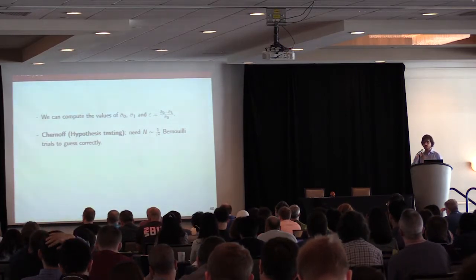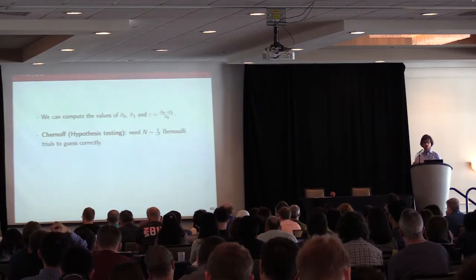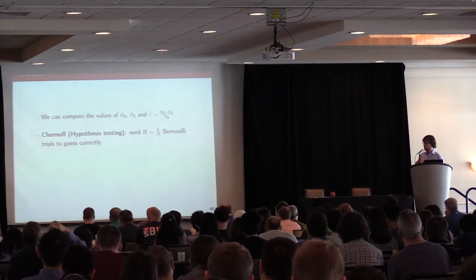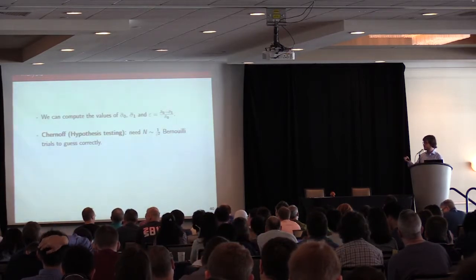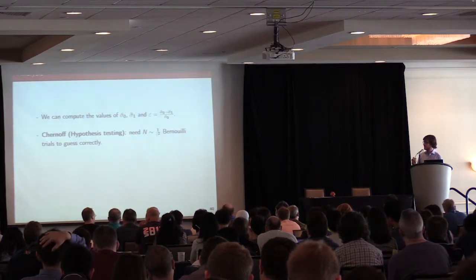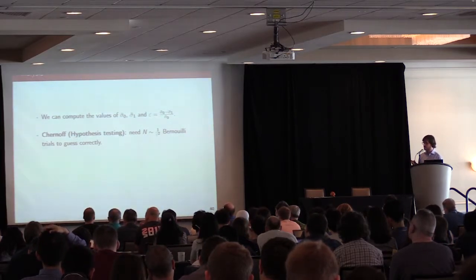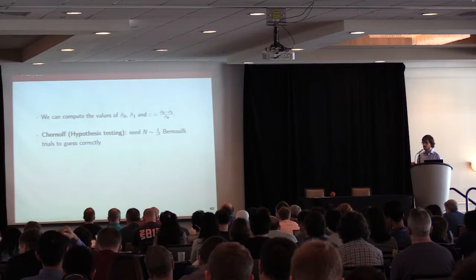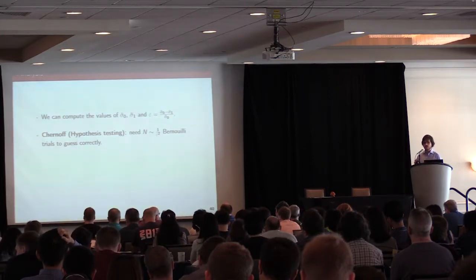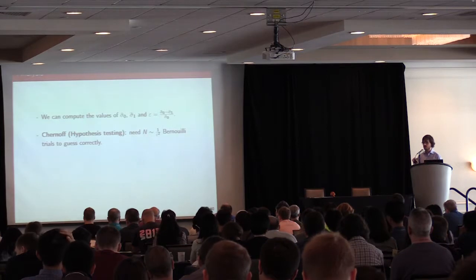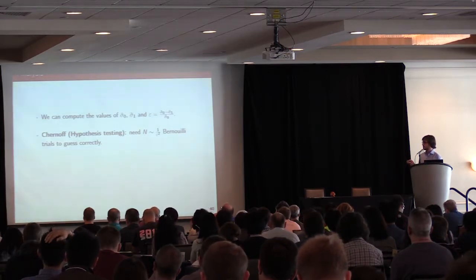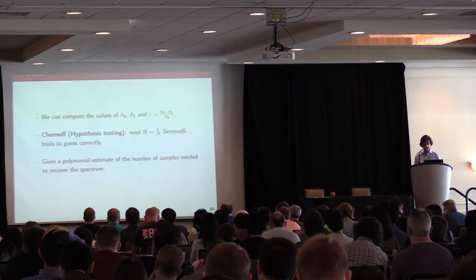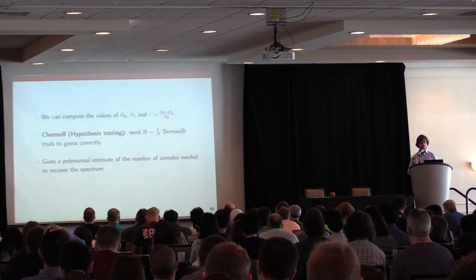Each time that we run a decoding, each time that we send a ciphertext to be decoded, we are performing a test, which is somehow a Bernoulli trial, and so we can apply here the statistics results, especially Chernoff bound and hypothesis testing, which tells us basically that on average you need 1 over epsilon squared Bernoulli trials to make an educated guess. So this gives us a polynomial estimate on the number of samples that one would need to recover the spectrum.